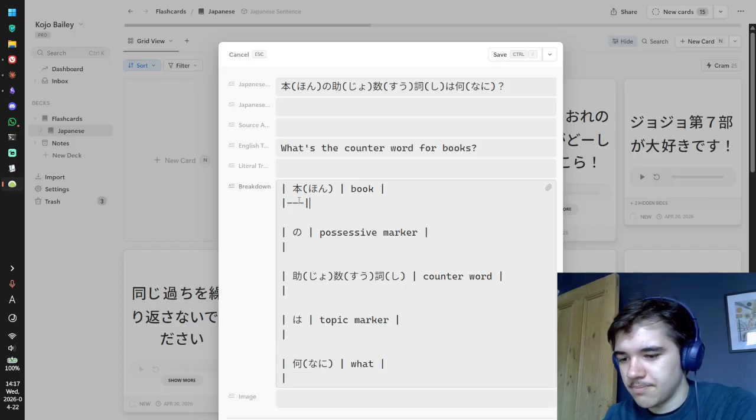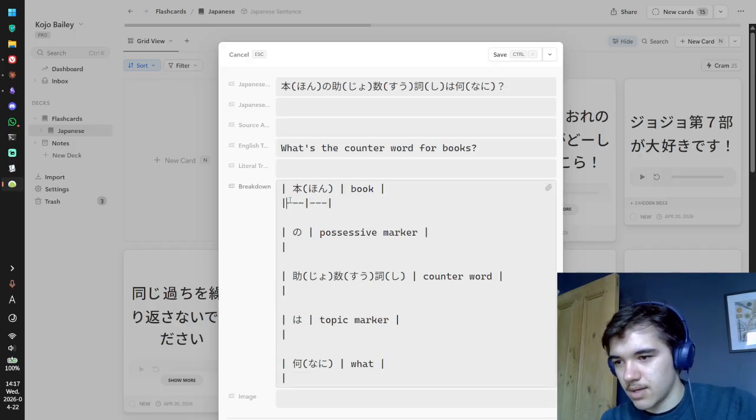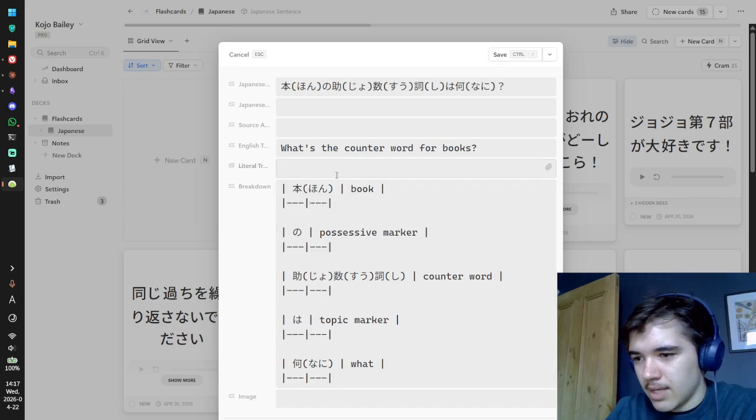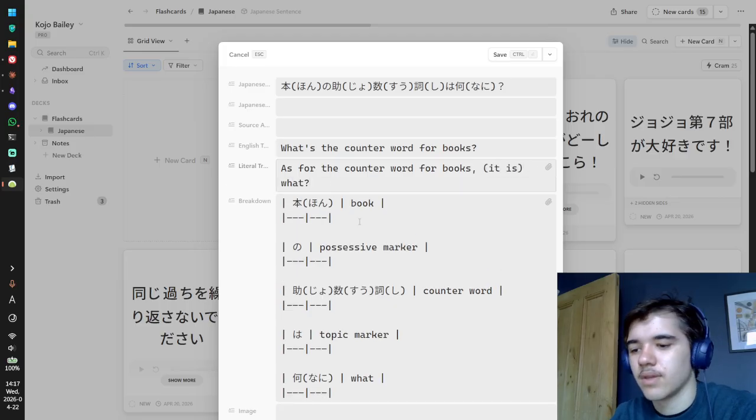Copy that. Okay. As for the book, as for books counter word, as for the counter word for books, what is it? It is what? Yeah.